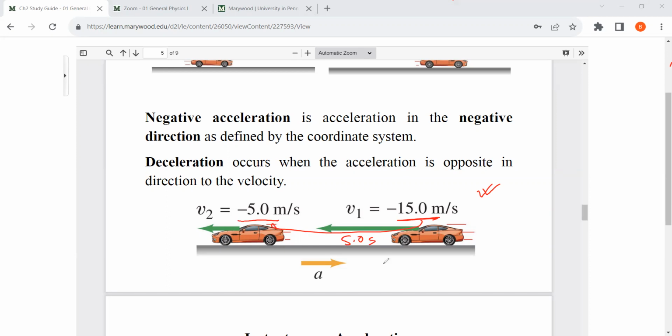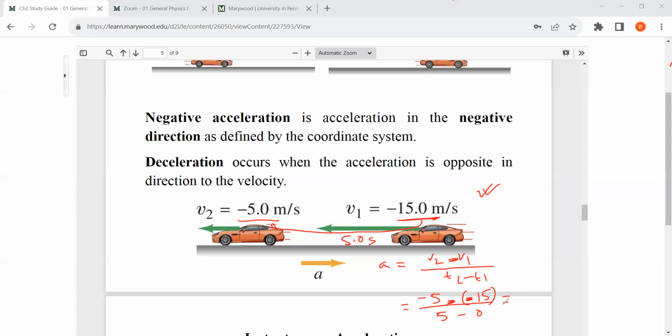Similarly we can calculate the acceleration as v2 minus v1 divided by t2 minus t1. So v2 here is -5, v1 is -15. So we have here two negative signs: one is this minus and another is the sign of velocity, and t2 is 5 seconds minus 0 seconds.